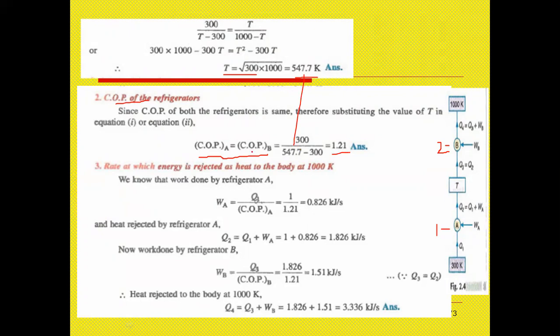Now, what is the third thing? The rate at which the energy is rejected as heat to the body at 1000 Kelvin.